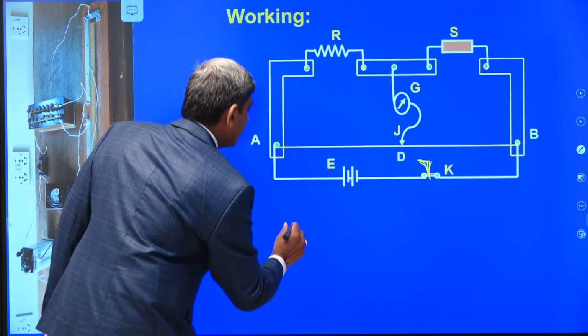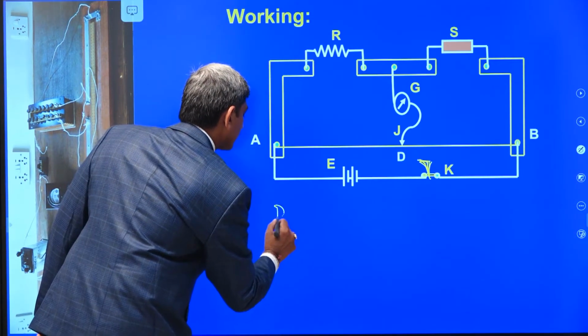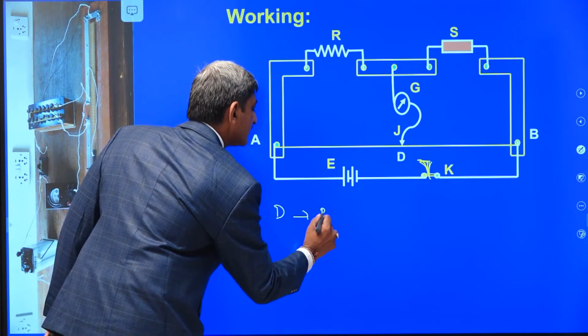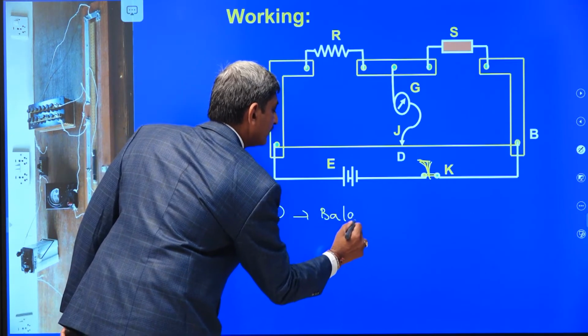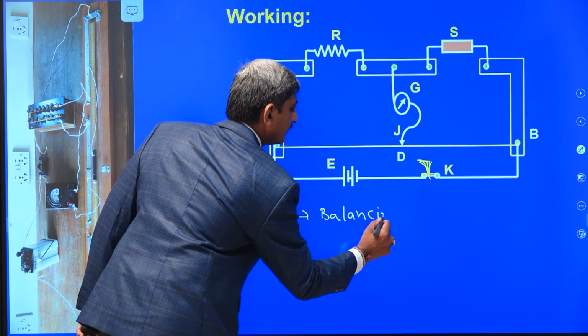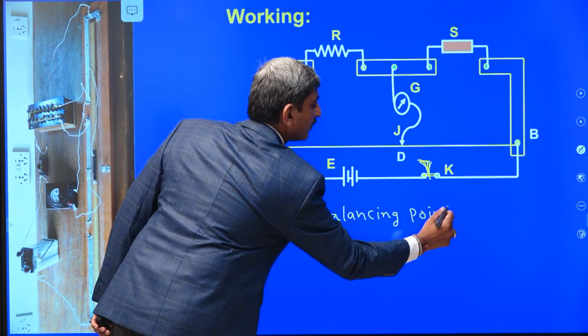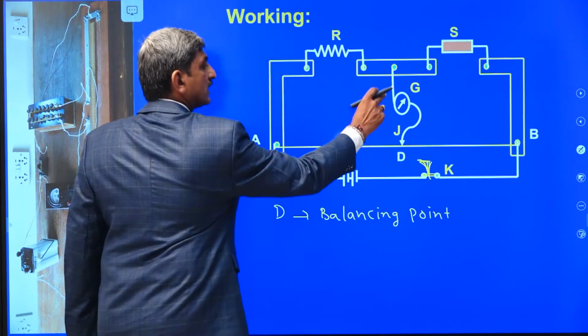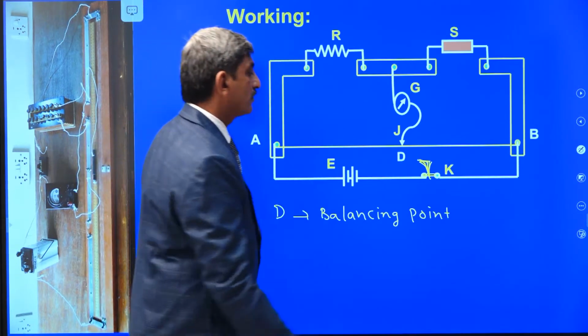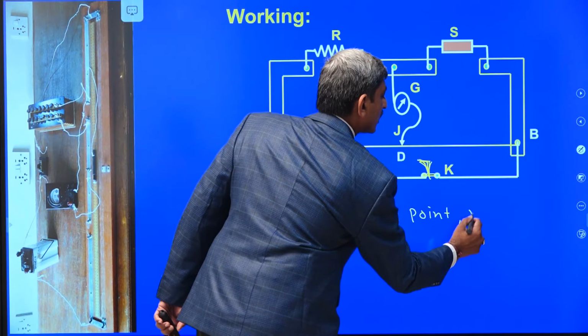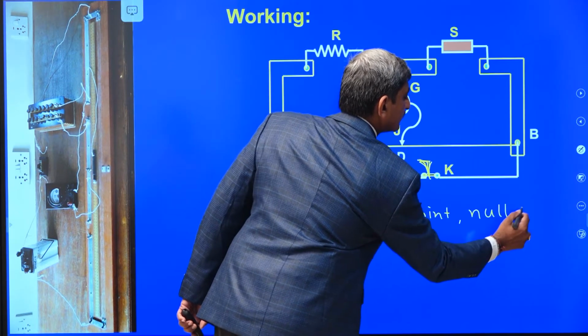This point D is called the balancing point. At this point, the current passing through the galvanometer is equal to 0. That's why this is also called the null point.